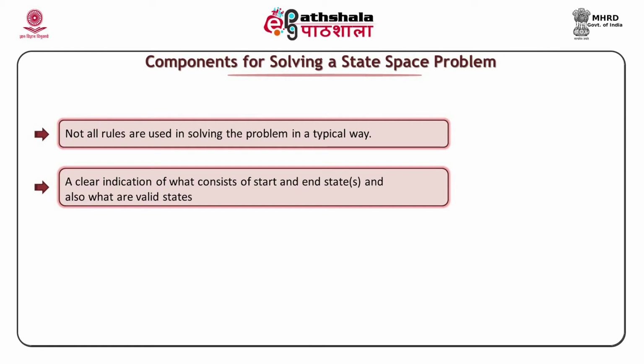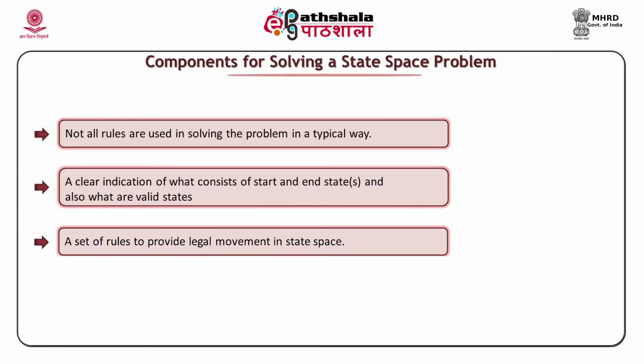For example, think of a case of chess. How do you know that this is a valid state? In fact, there are more complex problems than chess. Okay, we will talk about some of them in due course. And the set of rules, again in this case we could write them, but in many other cases we will be talking about them.